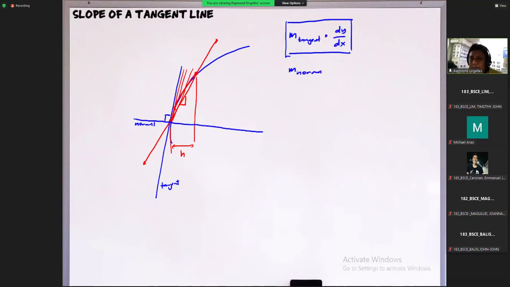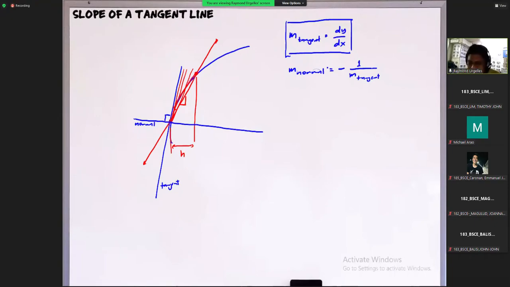Kaya pag slope ng normal line yung hinahanap, kunin niyo lang yung negative reciprocal ng slope ng tangent line. Or in other words, the negative reciprocal of the derivative of y with respect to x. Yun tatandaan niyo.